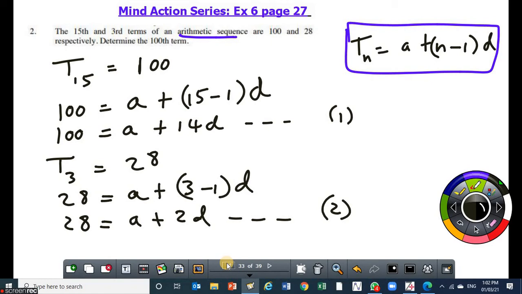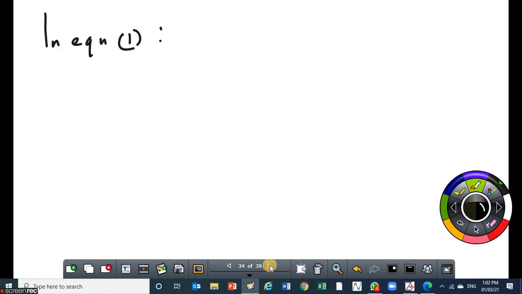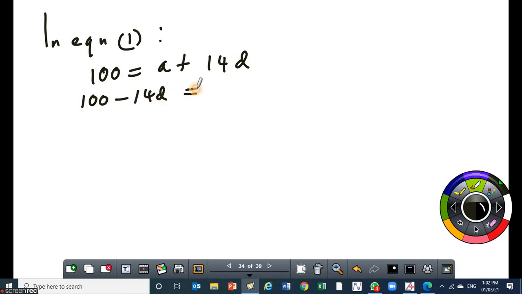To avoid unnecessary confusion, I'm going to write this as 100 is equal to A plus 14D. Then I'll take the 14D to the left. You get 100 minus 14D equal to A, which means A is going to be equal to 100 minus 14D.